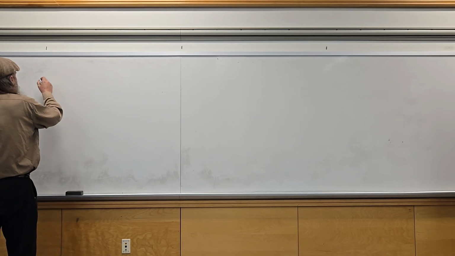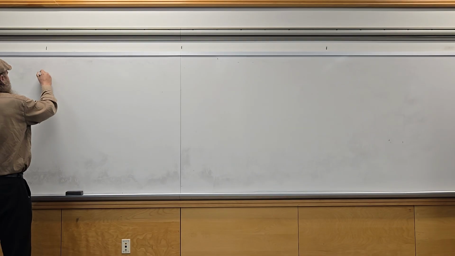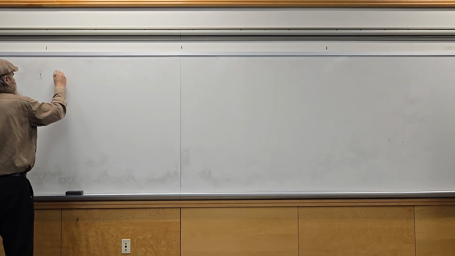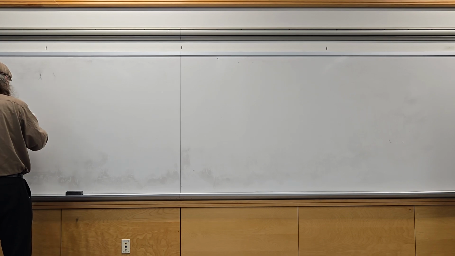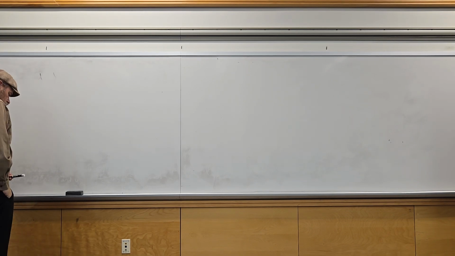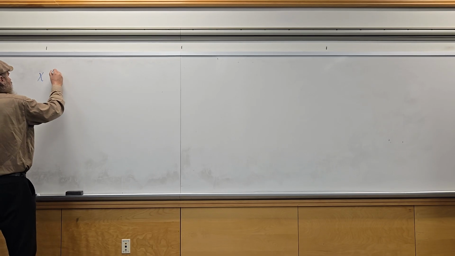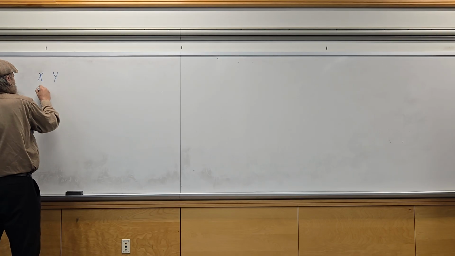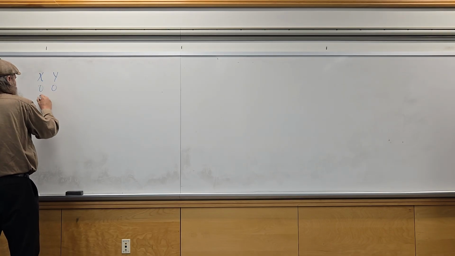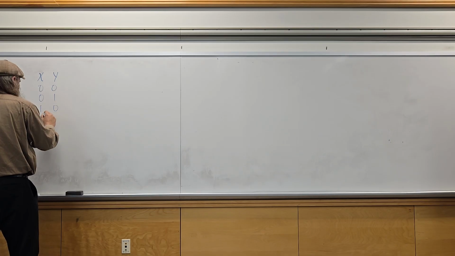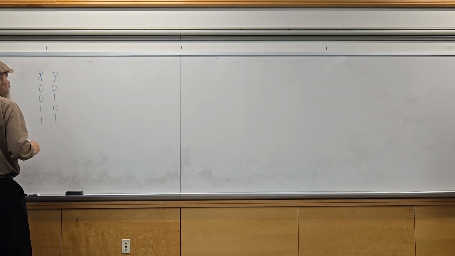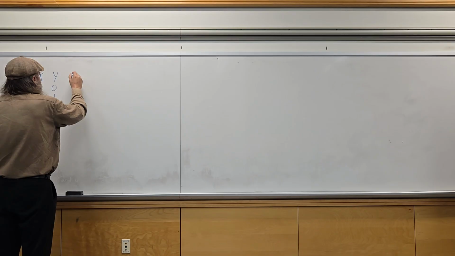So if you have two binary variables, x and y, that one's not working. We'll go with blue. X and y.